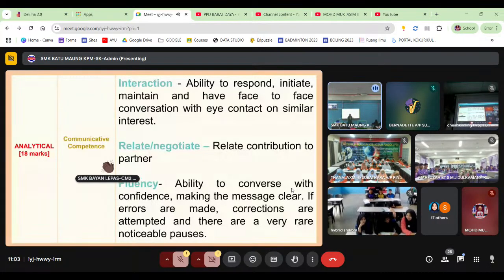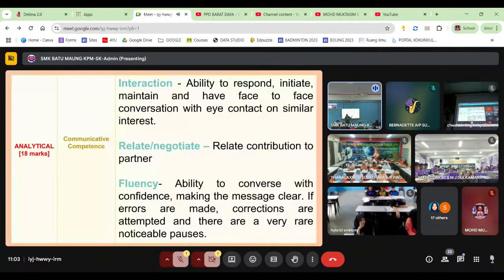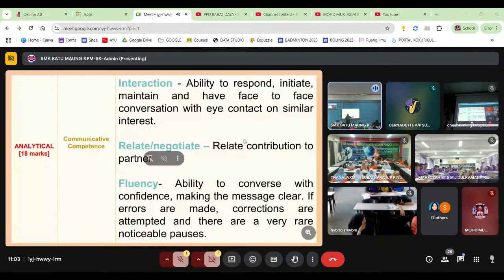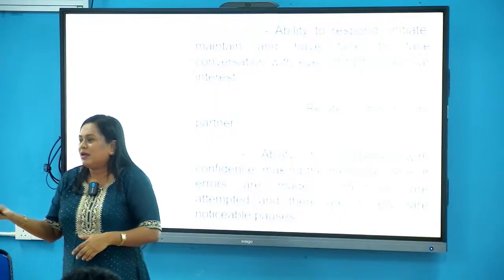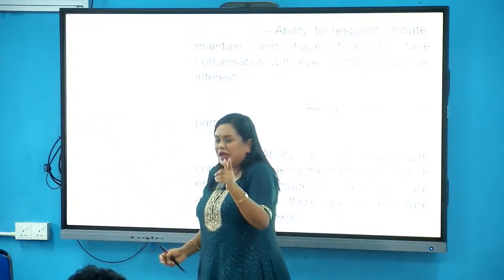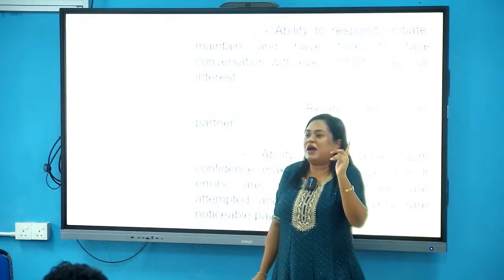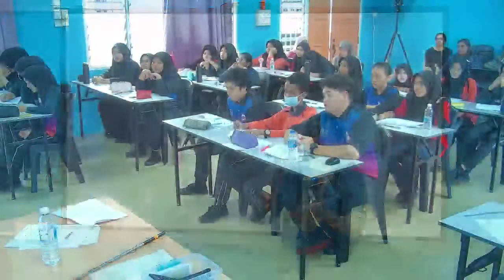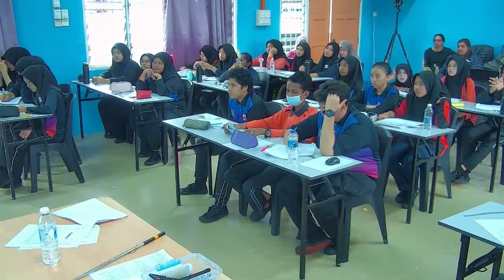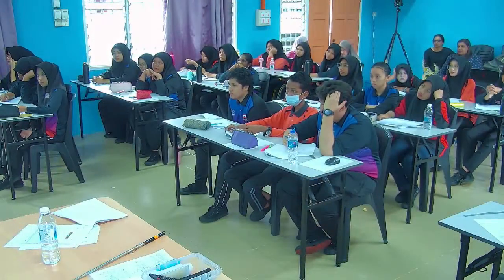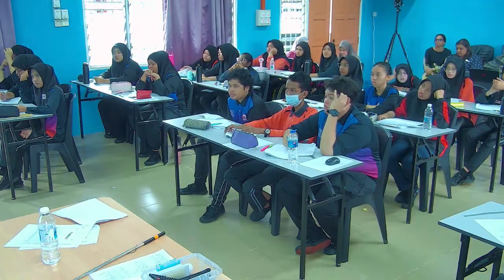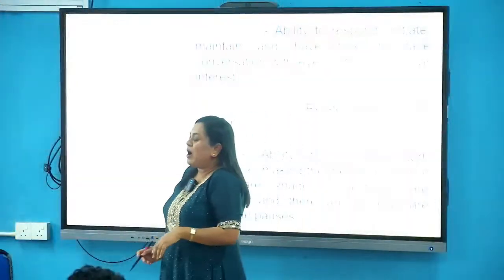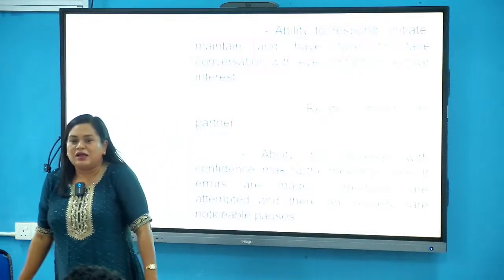What do I mean by interaction? Respond how? Elaborate, provide supporting details, provide examples. Next, relate to your partner. And finally, make sure you try to avoid long, noticeable pauses. Clear? Okay, so now you know how the assessment is done.